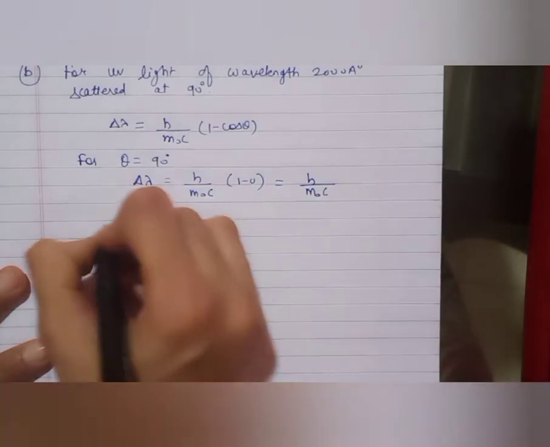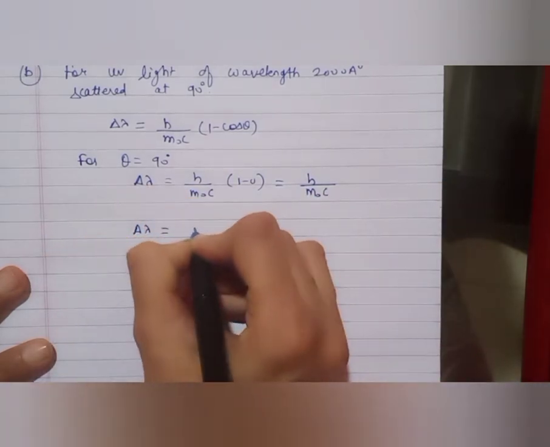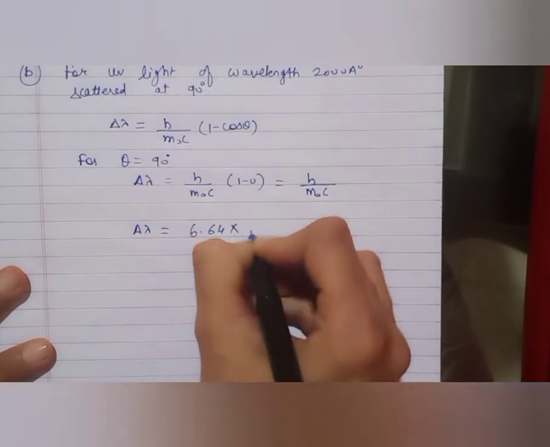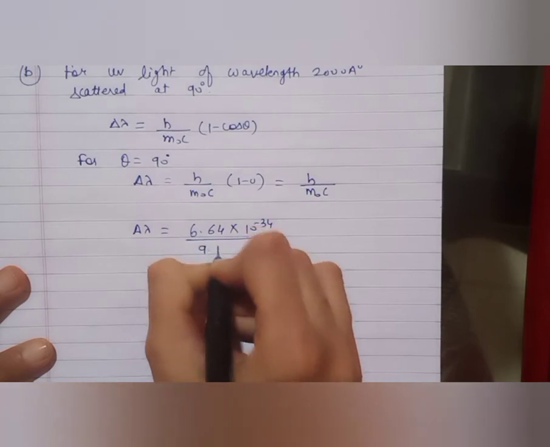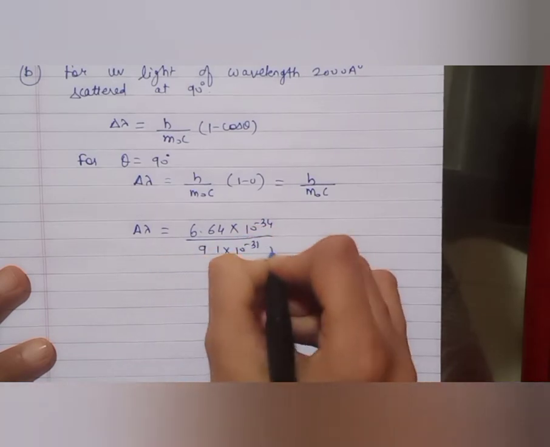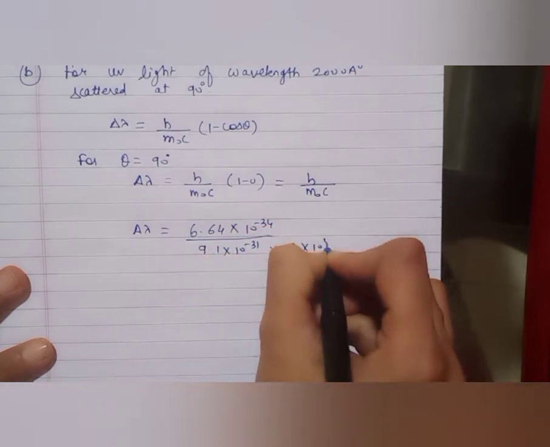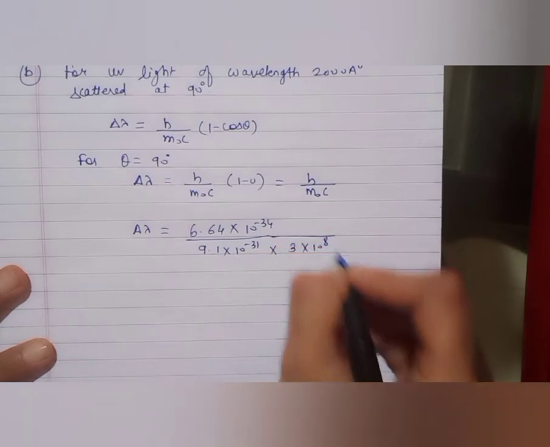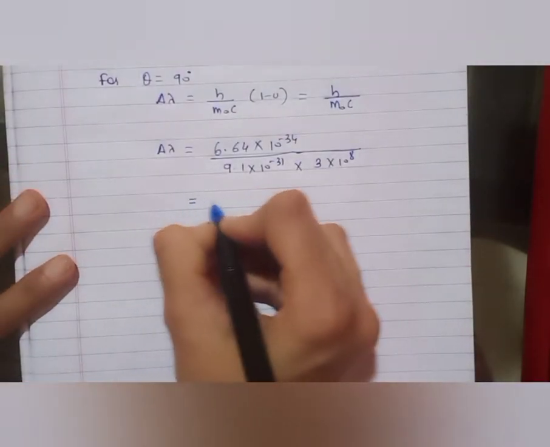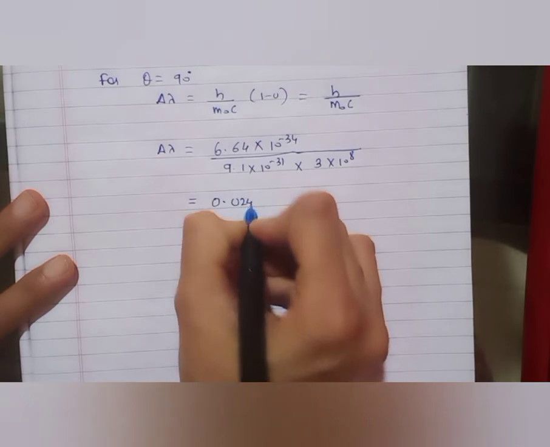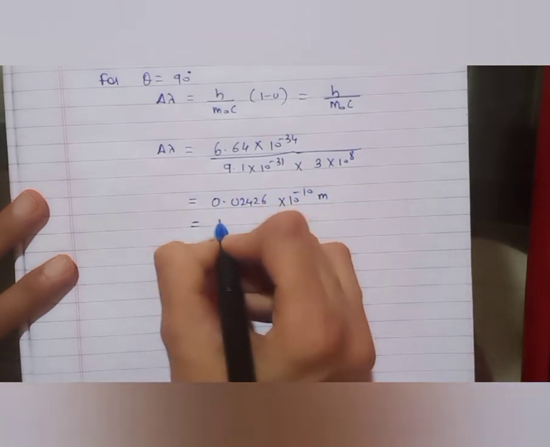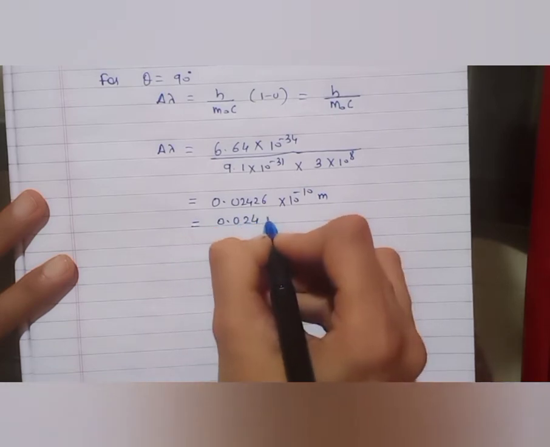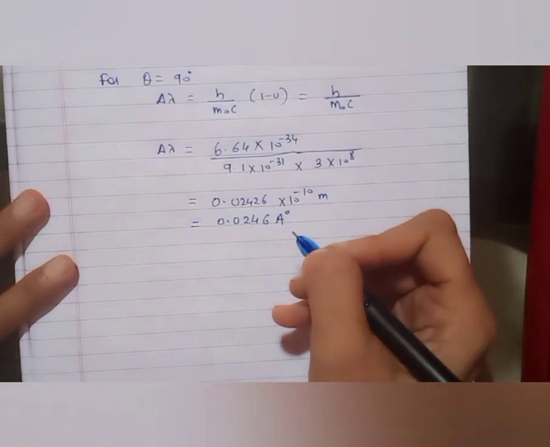Substitute the value of h, 6.64 into 10 raised to minus 34, upon the value of m0, 9.1 into 10 raised to minus 31, and c is 3 into 10 raised to 8. If you substitute all these values, you will get 0.0246 into 10 raised to minus 10 meter, or 0.0246 angstrom.